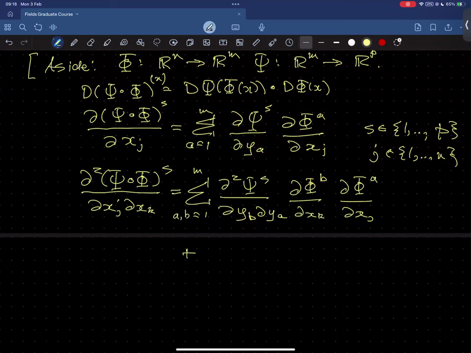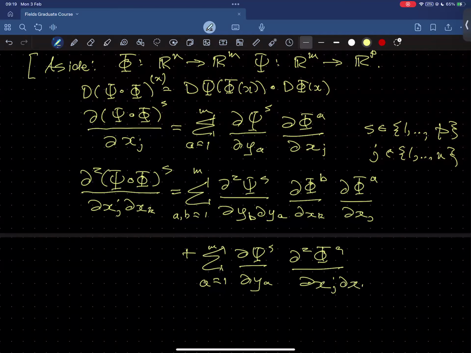Then I have sum a equals 1 to m, leaving the first term fixed and differentiating the second one with respect to xk. And that's the formula for the second derivative, all spelled out.